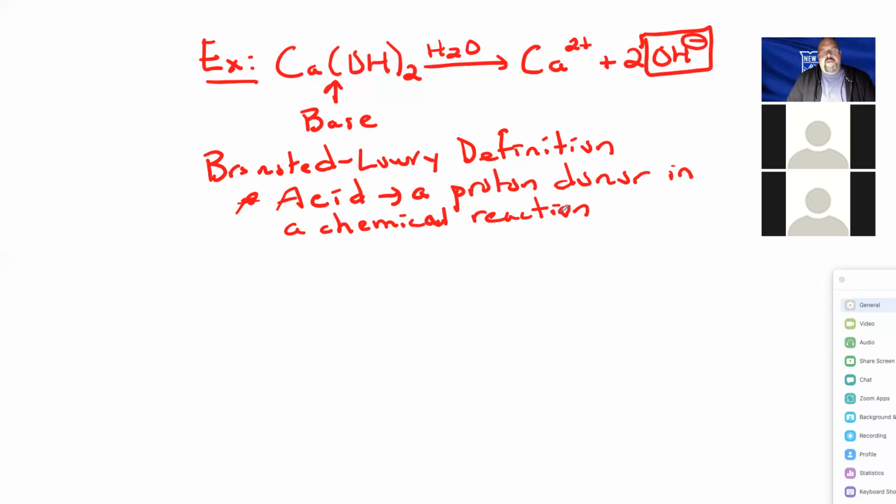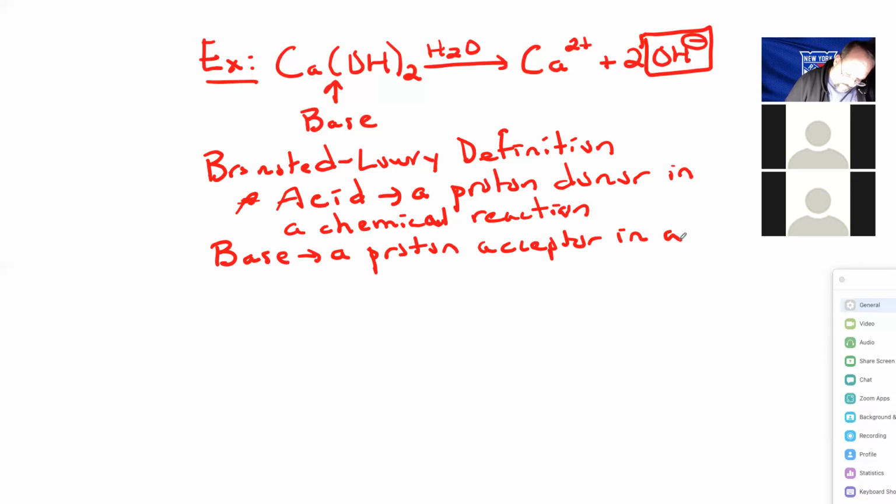So in a reaction involving multiple reactants and looking at the Bronsted-Lowry definition, the acid is going to be a proton donor. Okay, an acid is a proton donor in a chemical reaction, where on the other hand, a base is a proton acceptor in a chemical reaction.